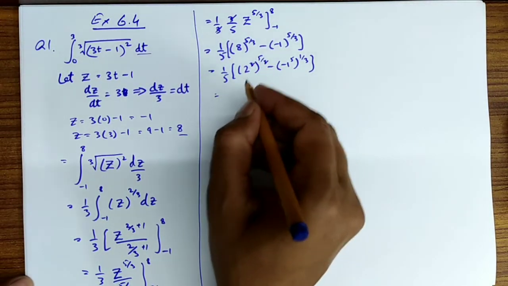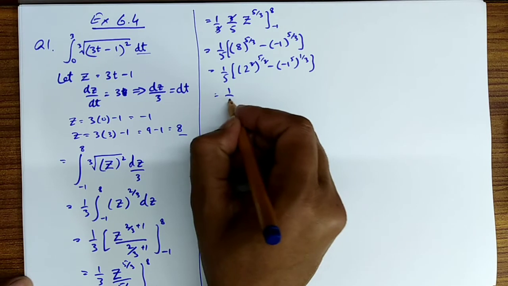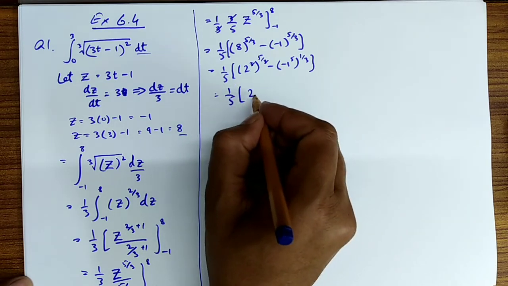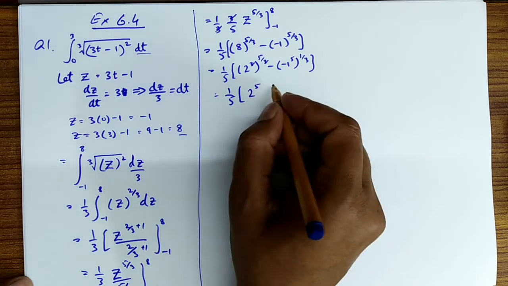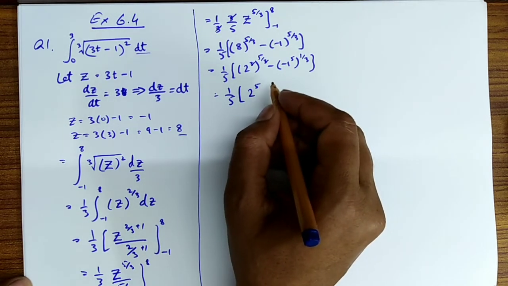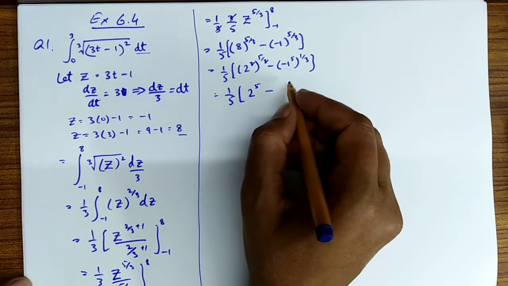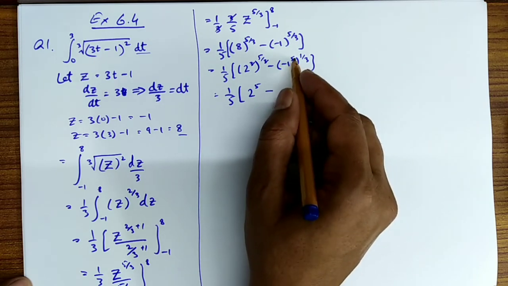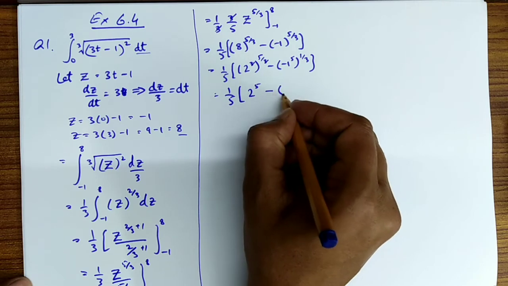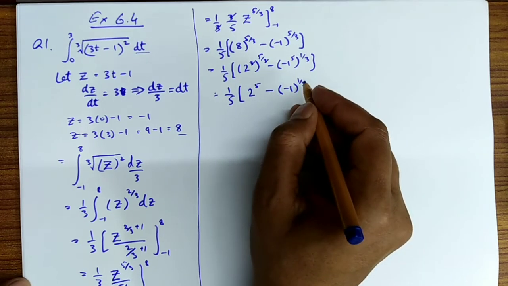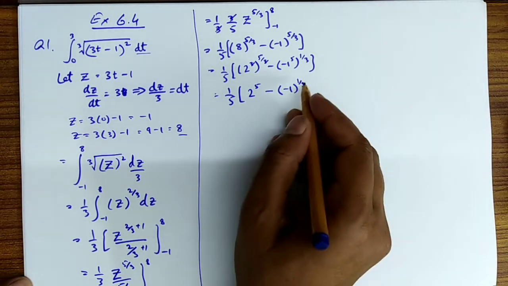That will cancel out this 3 and 3, 1 upon 5. That will provide me now 2 power 5, and I am left with minus. Since the power is odd, the 1 remains as it is.